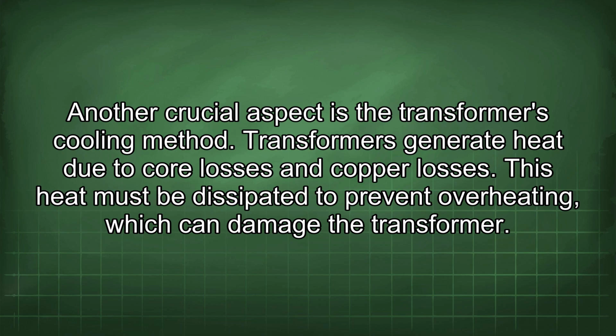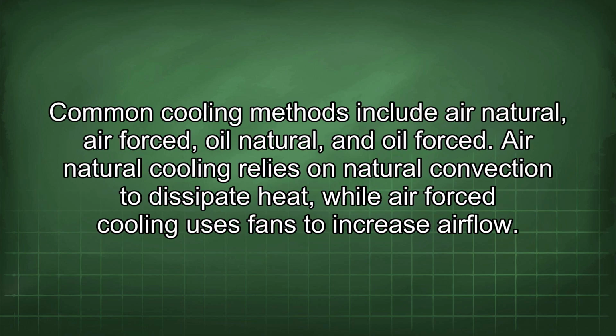Another crucial aspect is the transformer's cooling method. Transformers generate heat due to core losses and copper losses. This heat must be dissipated to prevent overheating, which can damage the transformer. Common cooling methods include air natural, air forced, oil natural, and oil forced. Air natural cooling relies on natural convection to dissipate heat, while air forced cooling uses fans to increase airflow.